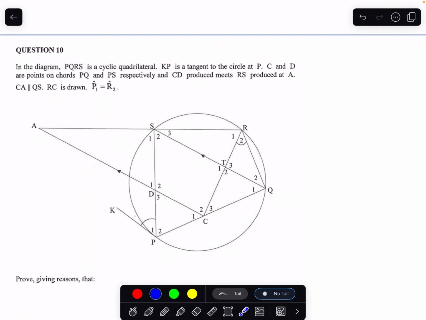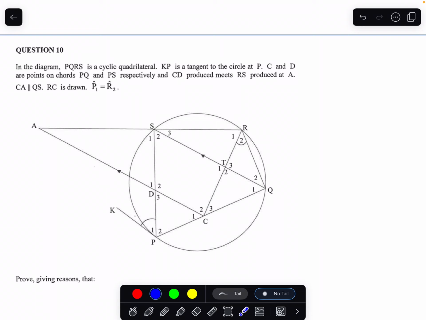So they just use that fact. Okay, yeah, that's an interesting proof.